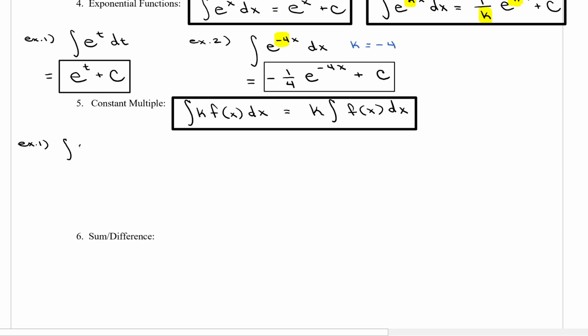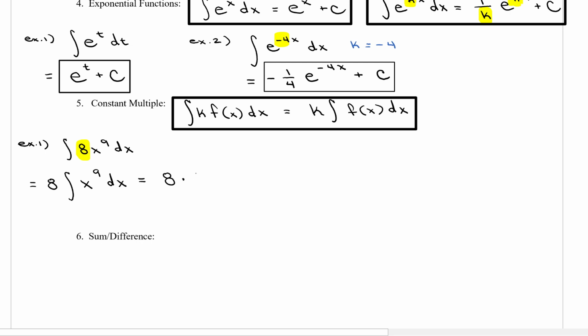Example 1, the integral of 8x raised to the 9th power dx. The constant multiple we have here is 8, so we can factor that out of the integral. This is going to be equal to 8 times the integral of x raised to the 9th power dx.